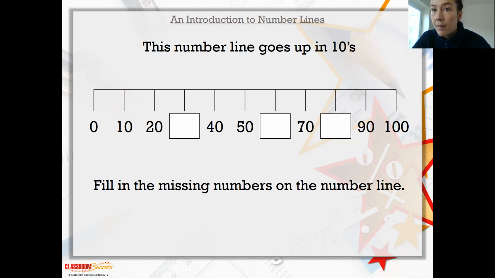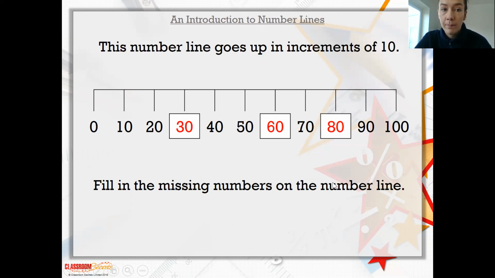So most of you are fantastic at counting in your tens, so I'm sure this won't be a problem. So we've got 0, 10, 20, 40, 50, 70, 90 and 100. So if we click onto the next one, it's filled in the missing numbers and we have 30, 60 and 80.